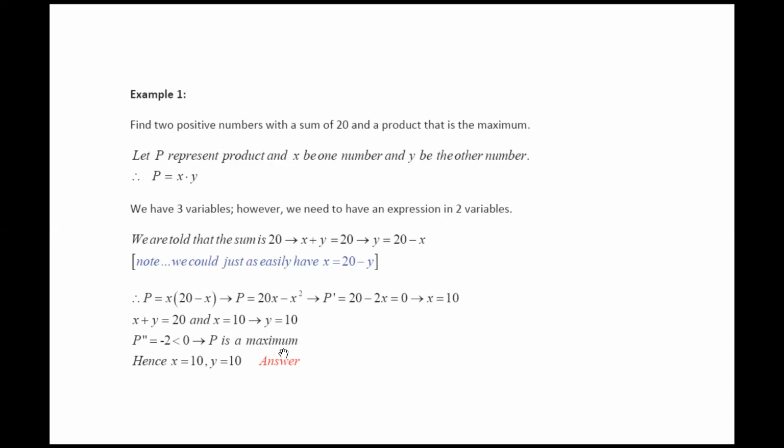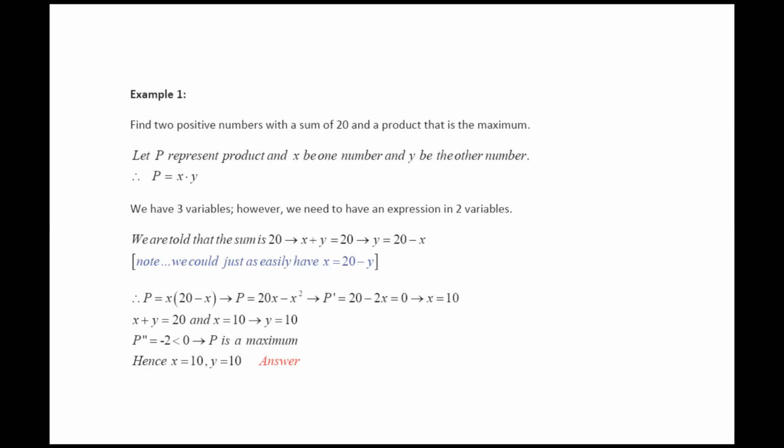Now, this is a rather simple problem. More than a few people would look at this and say, why would you do this with calculus? And the answer is, we just simply want to acquaint you with a routine.